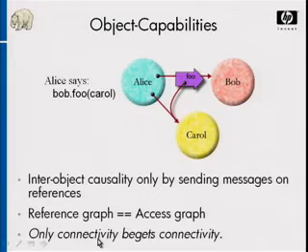So the way it works is, Alice, Bob, and Carol are three objects, and Alice has two variables, Bob and Carol, that refer to those two objects. Alice invokes Bob, passing Bob a reference to Carol, a copy of her access to Carol. And this is very much like the cat example.